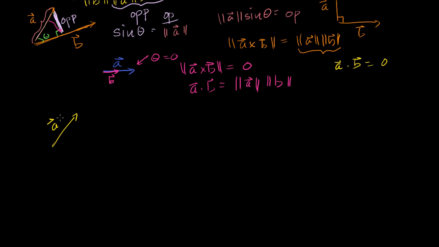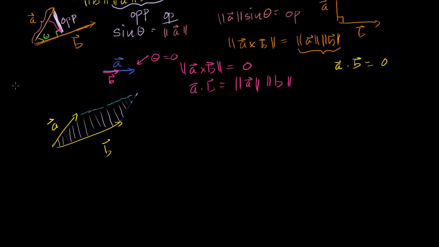So if that's my A and that's my B, what if I wanted to figure out the area of this parallelogram? So if I were to shift A and have that there, and if I were to shift B or draw a line parallel to B, and if I wanted to figure out the area of this parallelogram right there, how would I do it just using regular geometry?